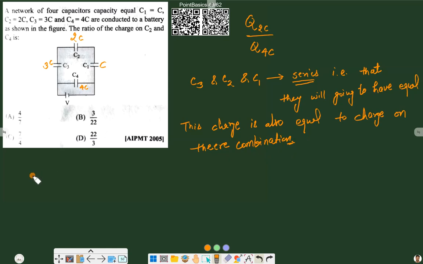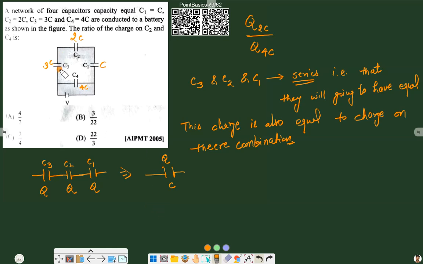It means we have a system like this. This is C3, this is C2, and this is C1. Suppose their combined capacitance is C. So if this capacitor has Q charge, then all of these will also have Q charge, and their combination will also have the same charge. This is the rule for capacitors.